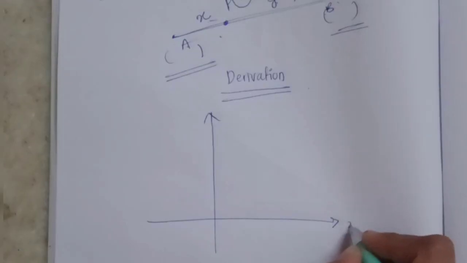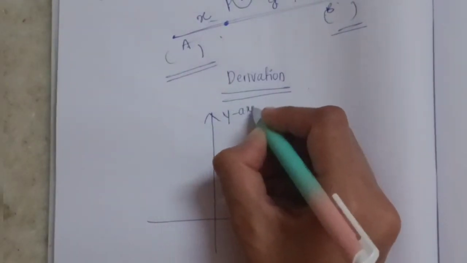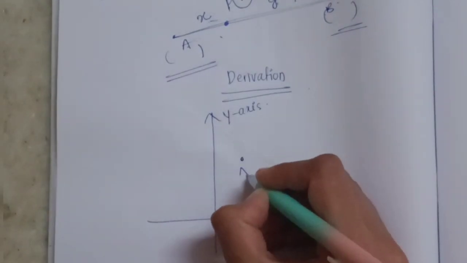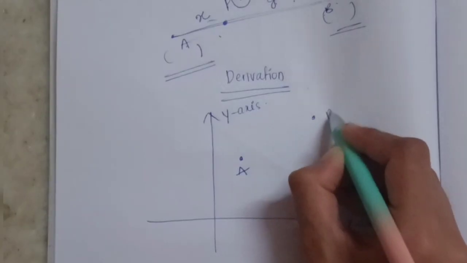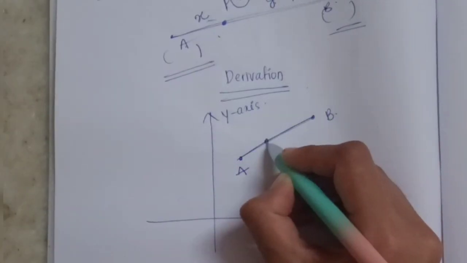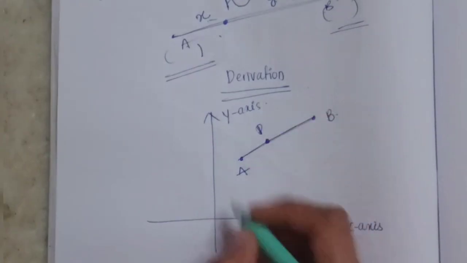Which axis is this? X axis. And which axis is this? Y axis. Now let us locate a point A here and point B here, and let us have a point P over here.